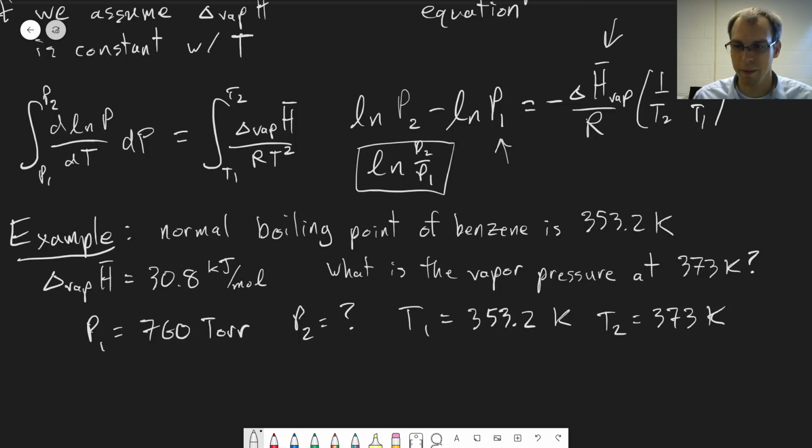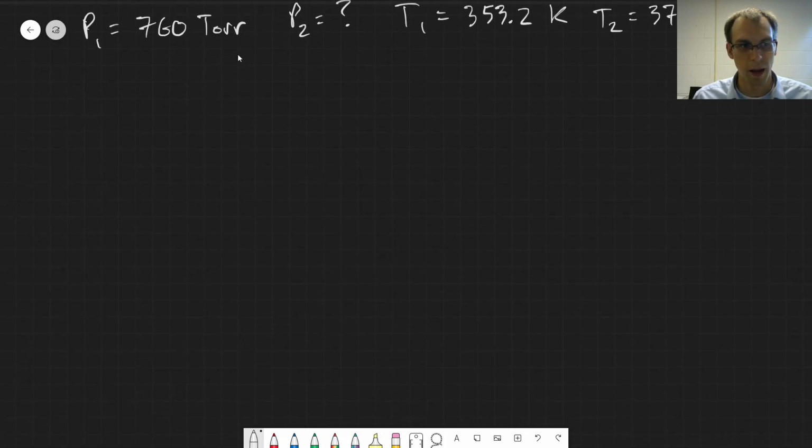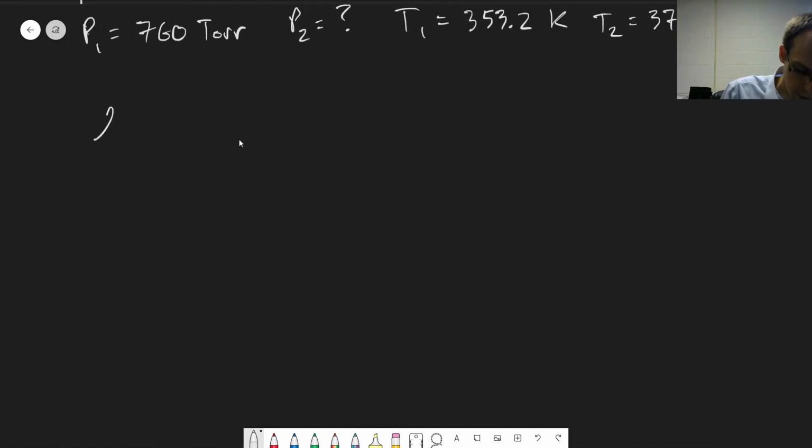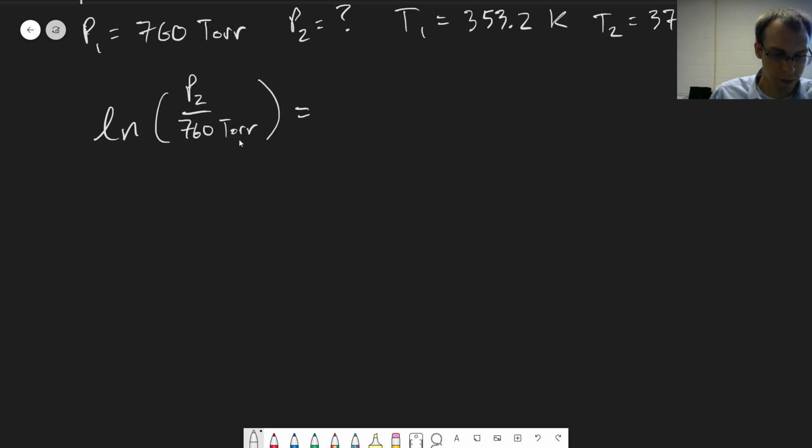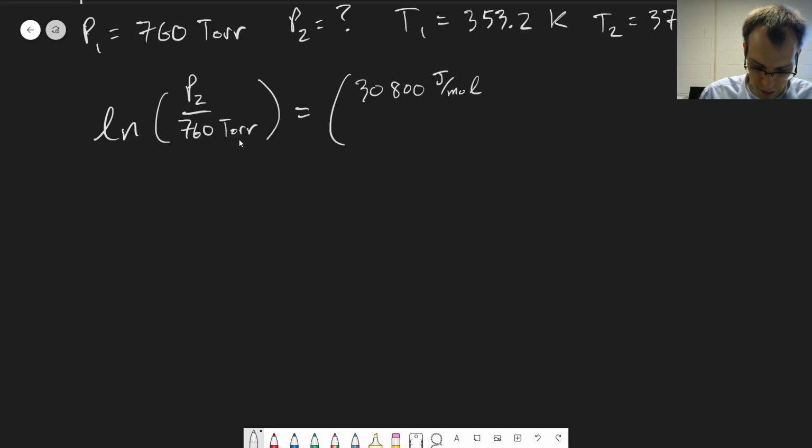So we just need to plug in values at this point. We'll have log of P2 over 760 torr is equal to, and I'm going to write everything in joules to make sure we don't get our units mixed up, 30,800 joules per mole, that's our enthalpy of vaporization, divided by R, 8.3145 joules per mole Kelvin.